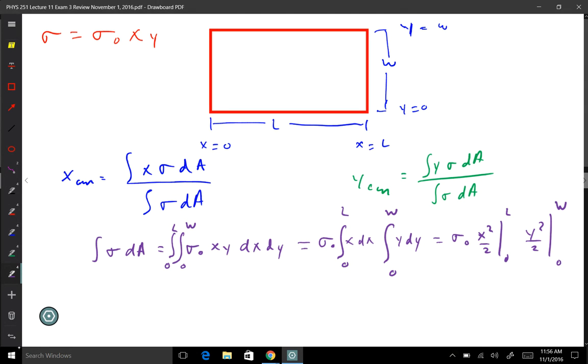I just did the two integrals separately. So simple. Hooray. Divide by 2 is divide by 4. Sigma 0 over 4 times L squared W squared. So that's my mass.